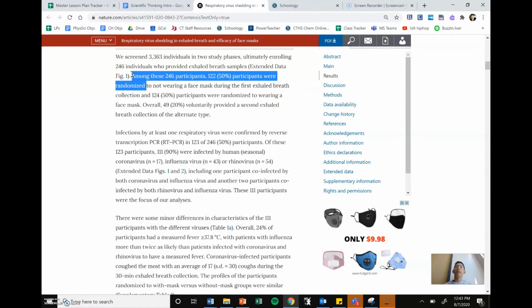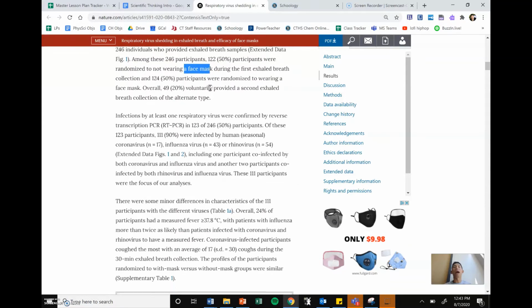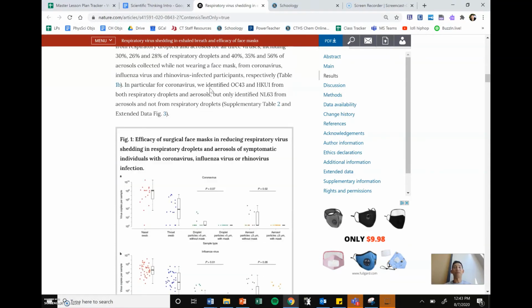And so they didn't necessarily control for many variables across the two groups. One way to avoid having to control for a lot of things, like whether or not people are the same age or whether or not they live in the same area, is you take a random sample. So randomization is almost a form of control to be able to make sure your groups are equal. And the independent variable was whether or not they wore a face mask.